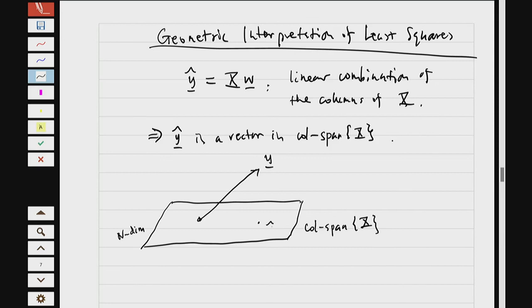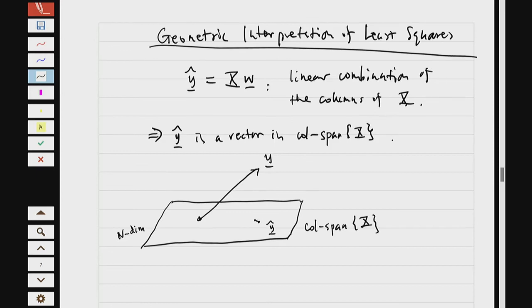We know that y hat has to be in here. Y hat is limited to this space because it has to be of the form of a linear combination of the columns of X. The question is, where should we pick this point, y hat? This vector is y hat. This point here, of course, is the origin, O. So we're given the vector y.